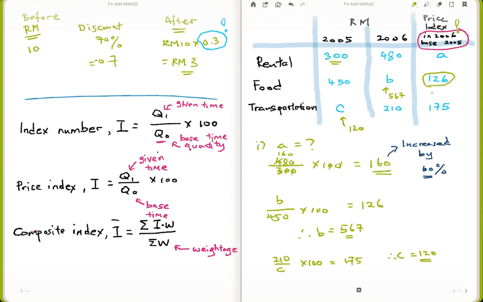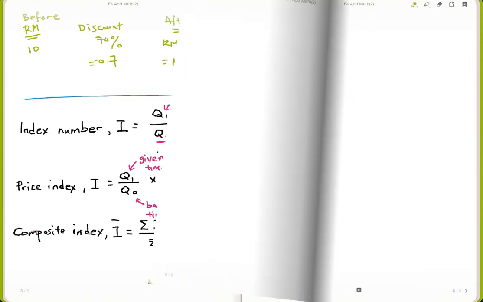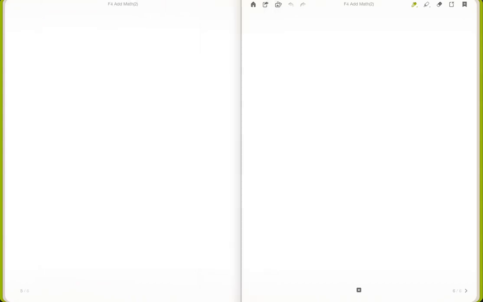Now let me give you another example for composite index. Maybe you have seen this elsewhere, past year question. You have some ingredient.